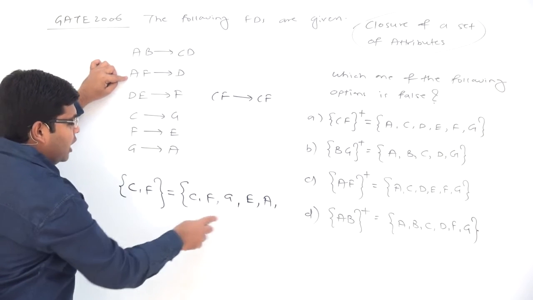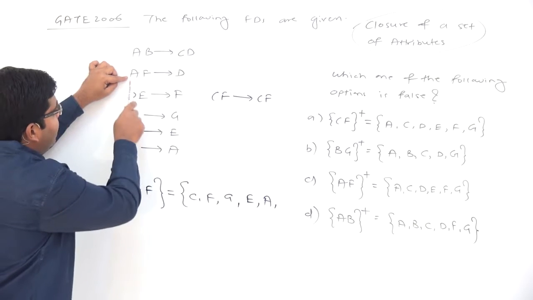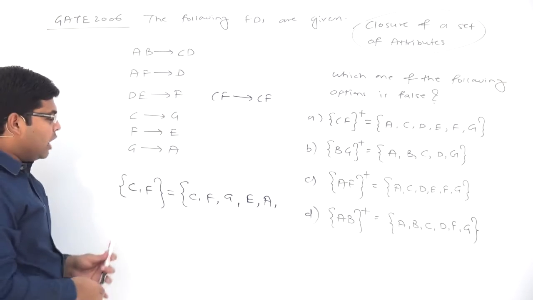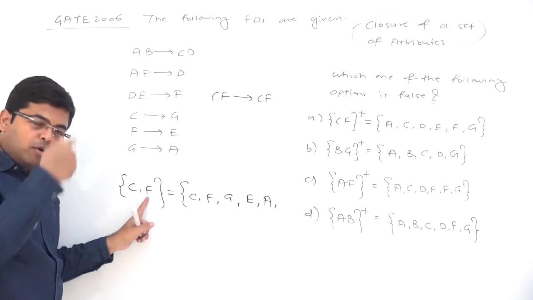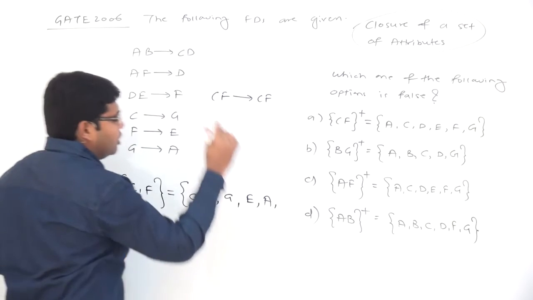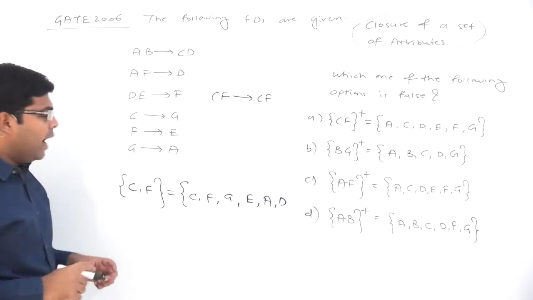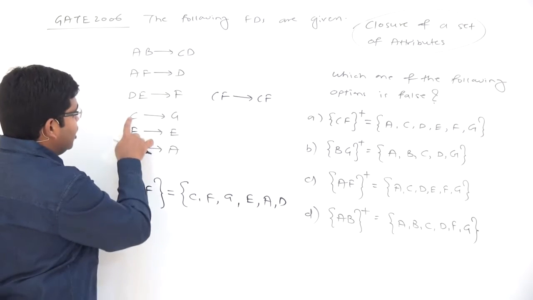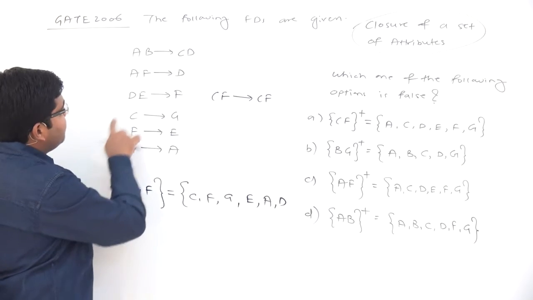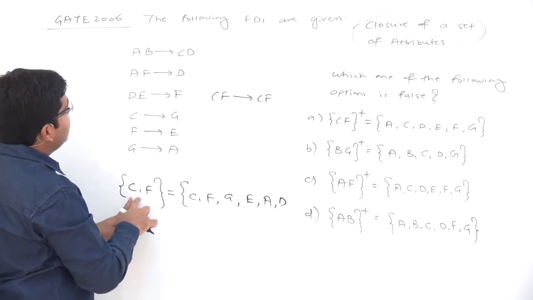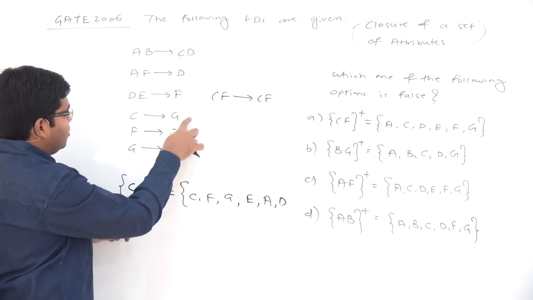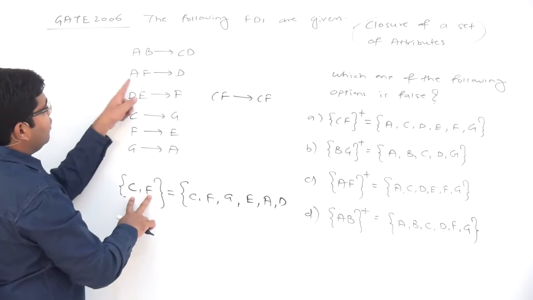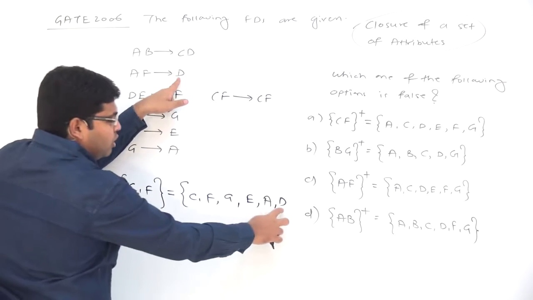Again, A is available, F is available, and from AF you will get the value of D. So we can obtain one more attribute from CF, and that attribute is D. D was not obtained directly from CF: C gives the value of G, G gives the value of A, and then A and F together give us the value of D, and that is how you discover D.